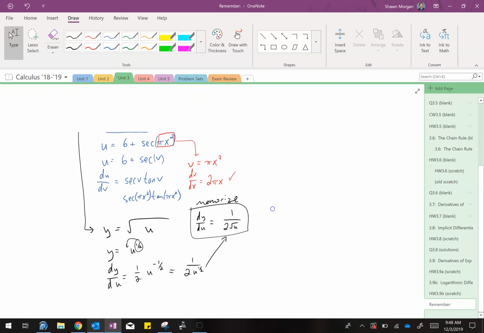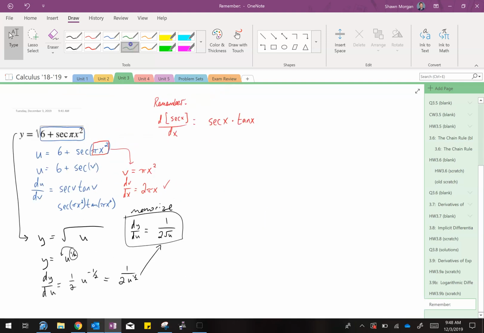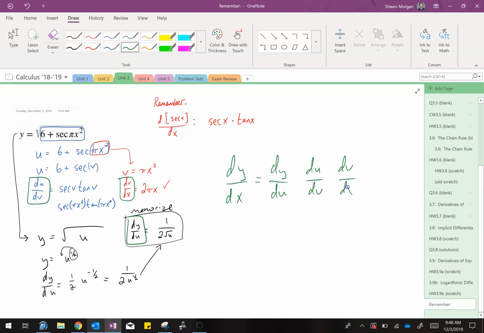All right, so what we've got now is all three links of the chain: dy/du, du/dv, and dv/dx. So if we put that together, if we're looking for dy/dx, that's going to be dy/du times du/dv times dv/dx.